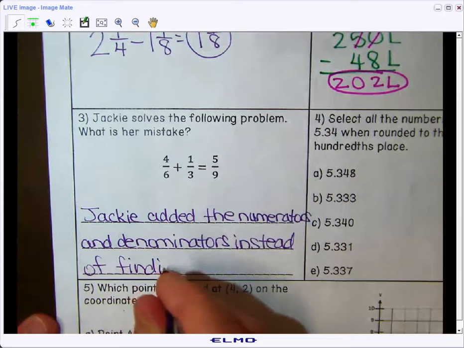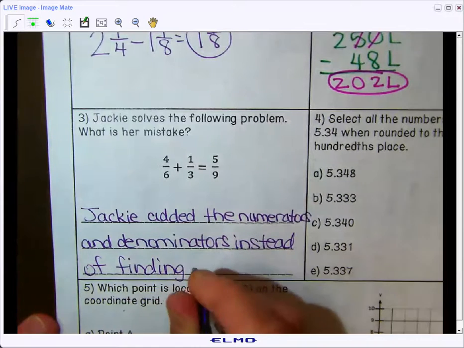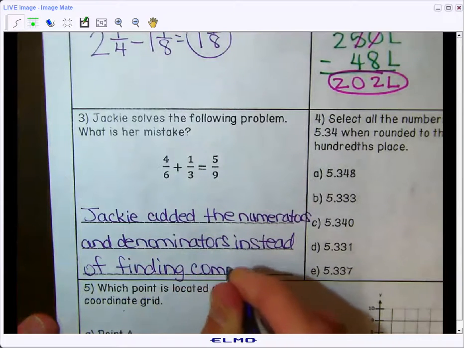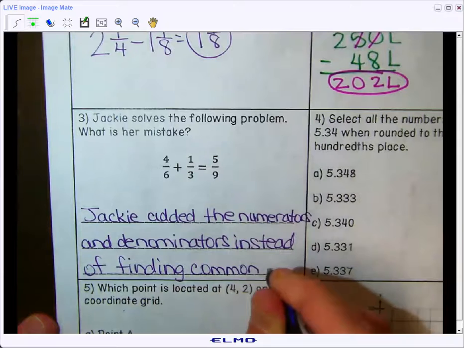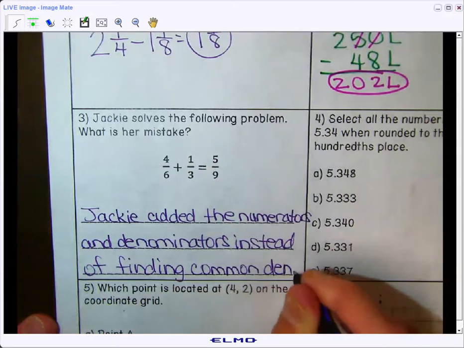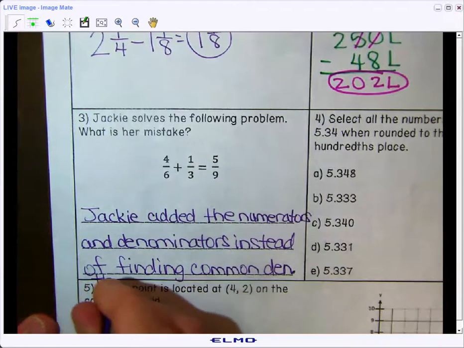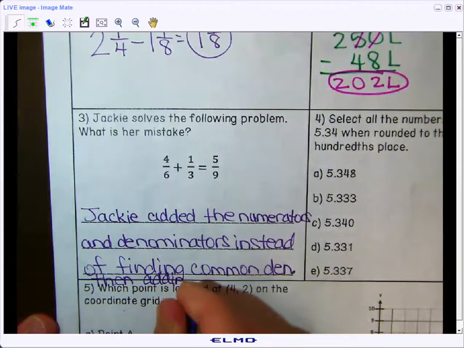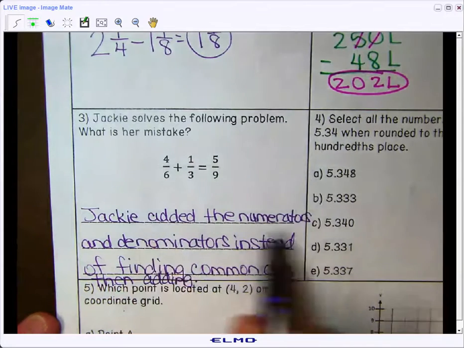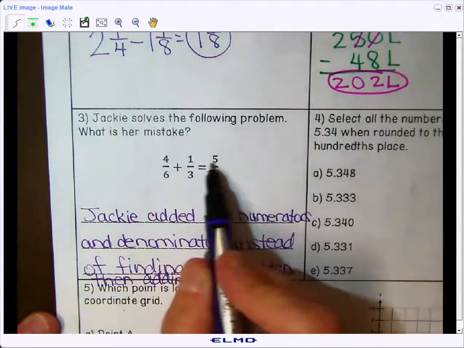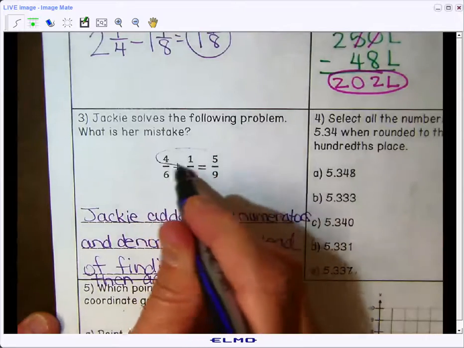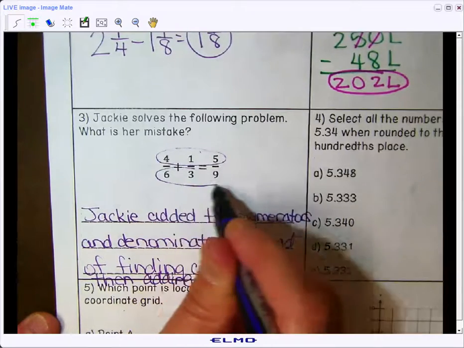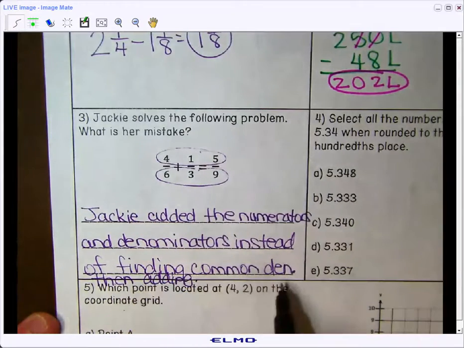Common denominators and then adding. All right, so again, Jackie added the numerators and the denominators, instead of finding the common denominator, then adding.